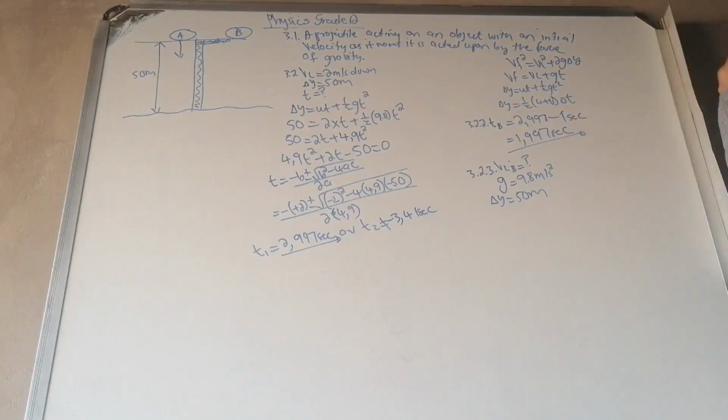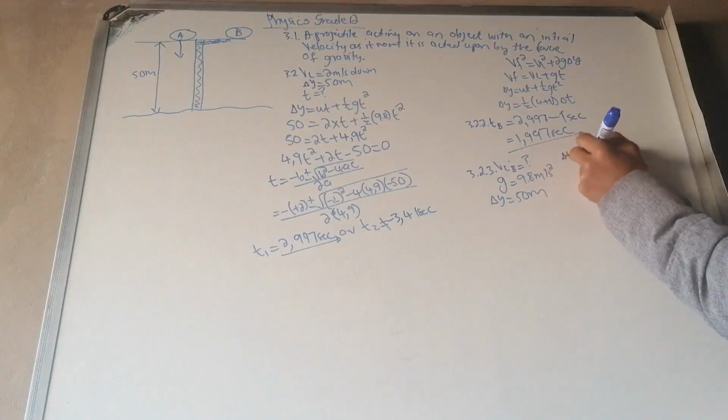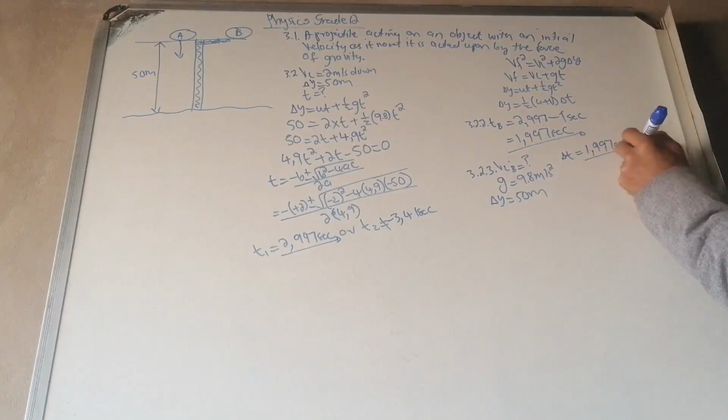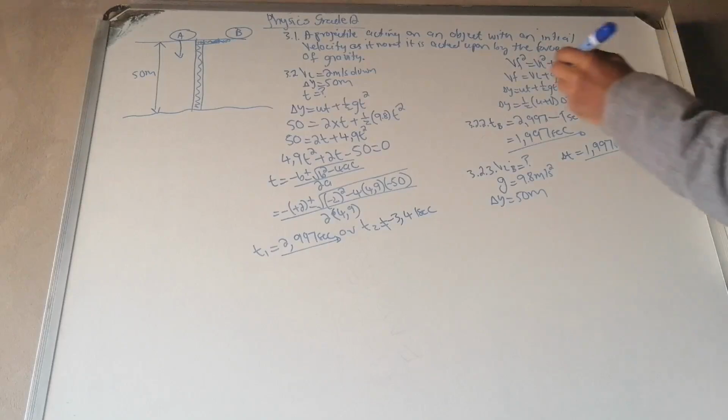And I have, it was a throw, right? I have the time from the moment it was thrown to the water. I know the time that it took, and the time was 1.997 seconds. So I have the change in time, 1.997 seconds. I'm looking for the initial velocity, and I think I can use this equation.